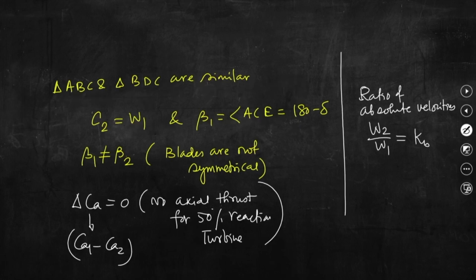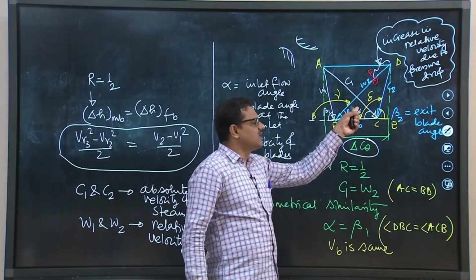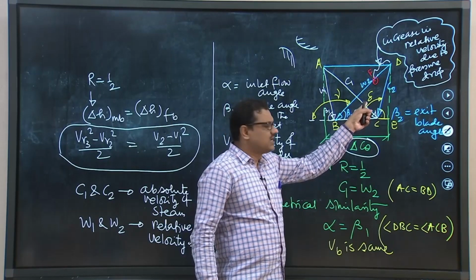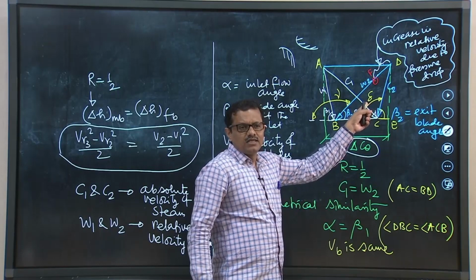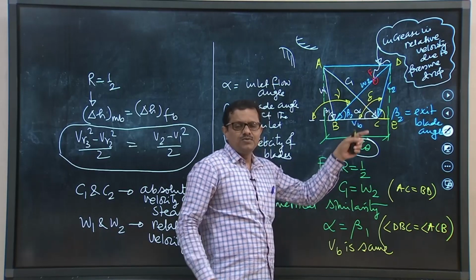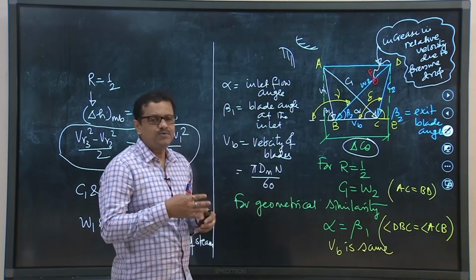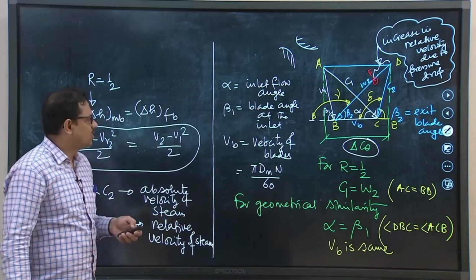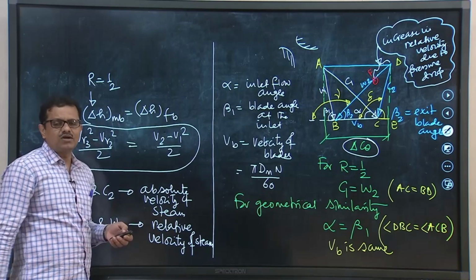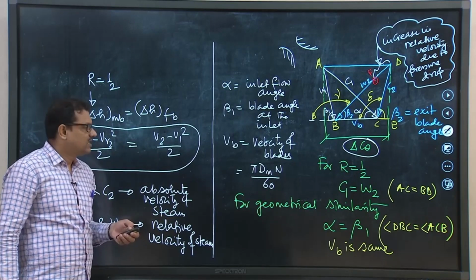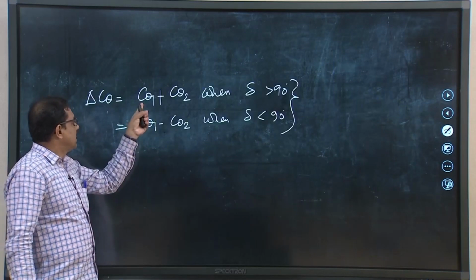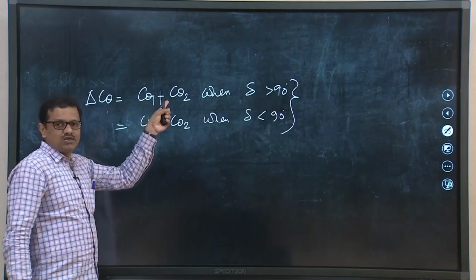Let me tell you once again, we have measured the angle in the clockwise direction. Now, delta is greater than 90 degree. For this case, if you would like to estimate the change in swirl component of velocity delta C theta, then we have to add C theta 1 and C theta 2 together.